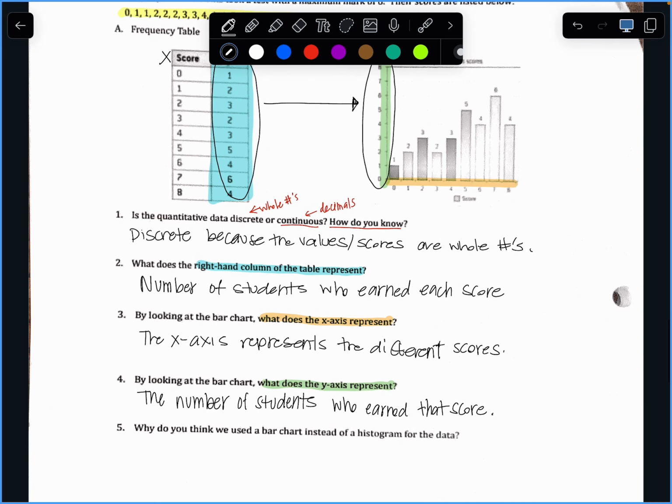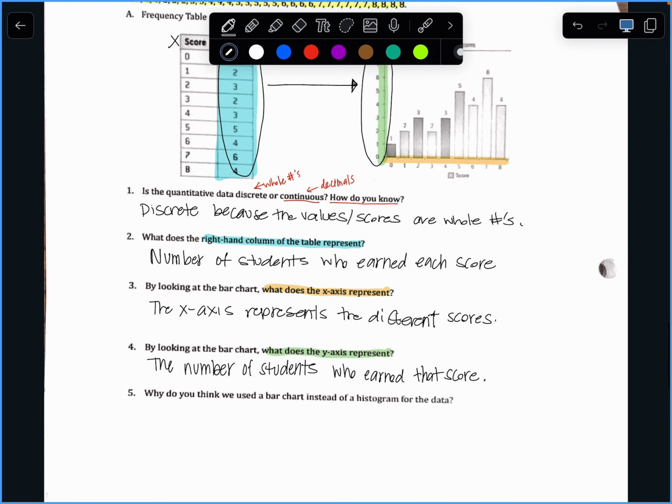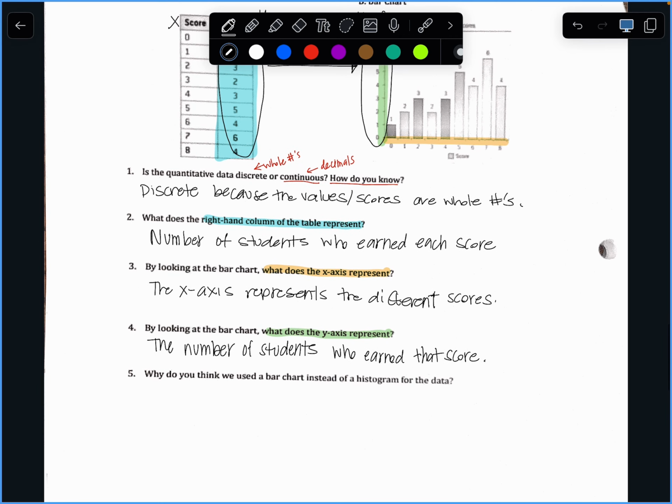Okay, why do you think we used a bar chart instead of a histogram? Let's go with Andres. We used a bar chart instead of a histogram because... do you know?